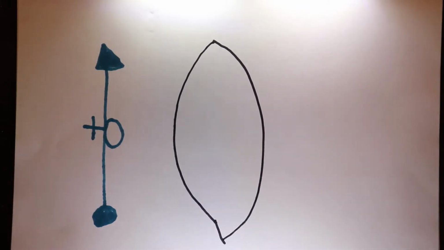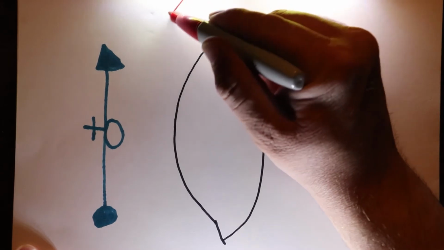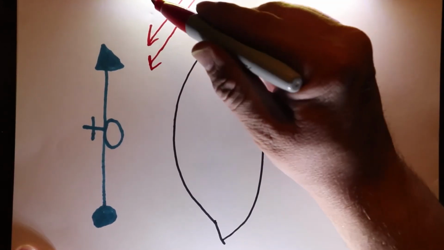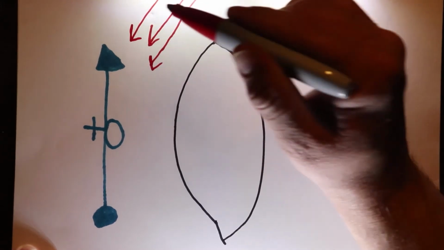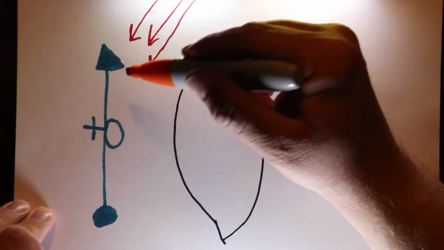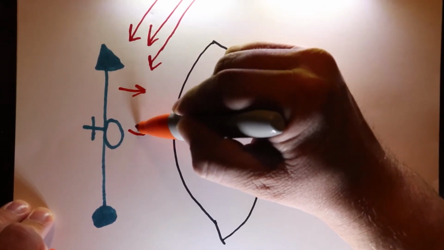So just like before, we get rays coming in from the light bulbs or from the sun, striking our object. Those rays then bounce off of the object, heading toward our lens.